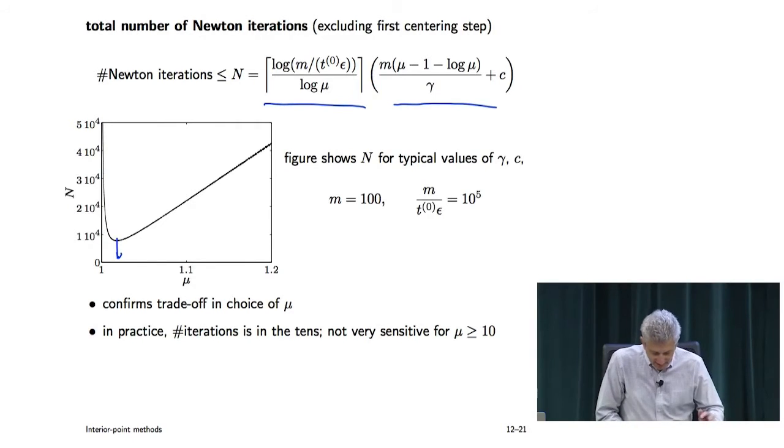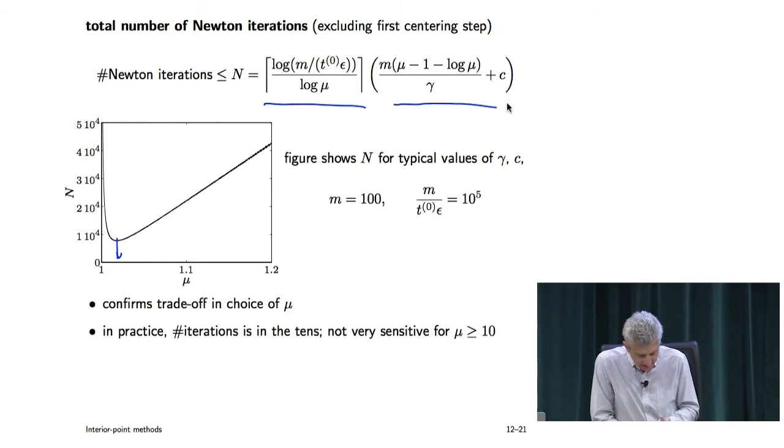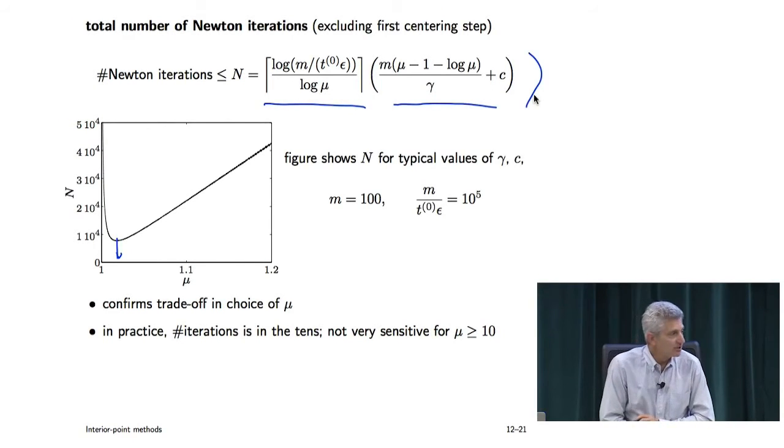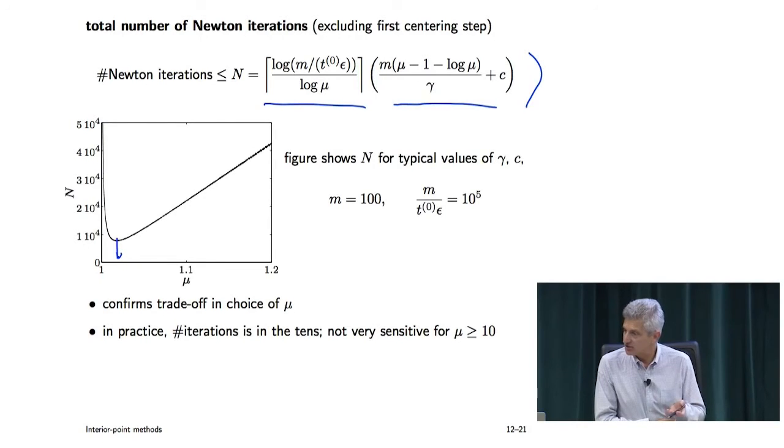Now, if you go back here and you look at this thing, and you ask yourself the question, I'll minimize over mu, right? Of course, m is fixed. Your initial gap, that's m over t0 epsilon. That's something that's known. So for a fixed m and the other thing, the Newton parameters fix gamma and c.